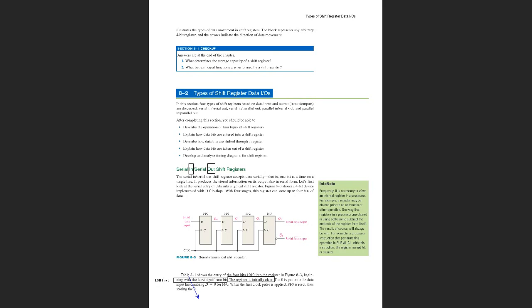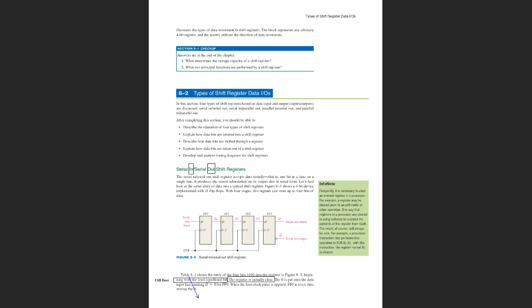So let's have an example of entering 1010 in the weighted order, which means the rightmost bit is the least significant, LSB, and the leftmost is MSB. So let's enter LSB first, which in this example would be 0.